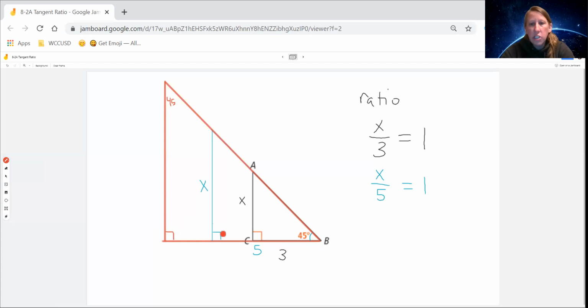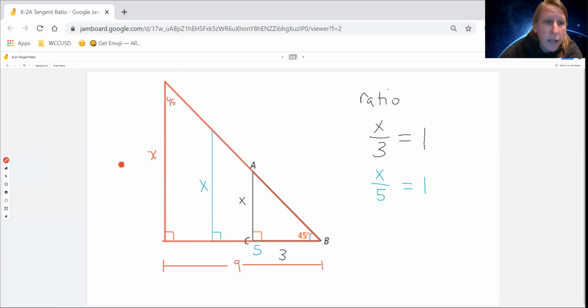What is the ratio of this side to this side? Even though the triangle is way bigger, let's say that this leg of the triangle, the one next to the 45-degree angle, is 9. Could we find how long this opposite one is? Yeah, it's also 9.